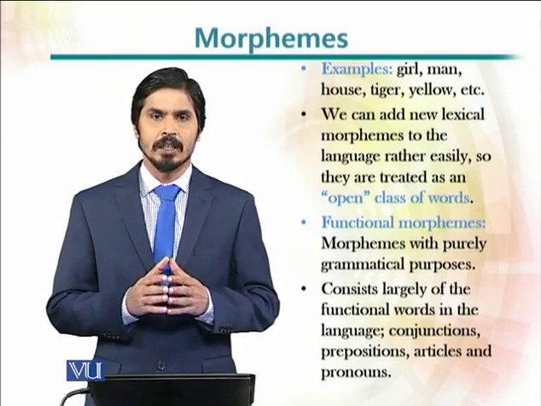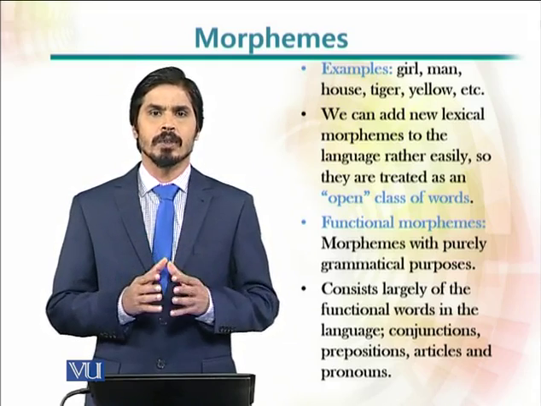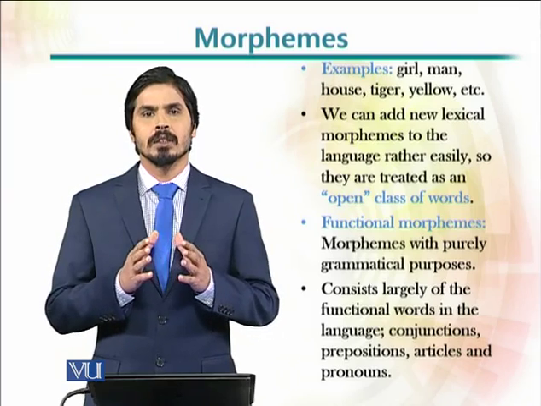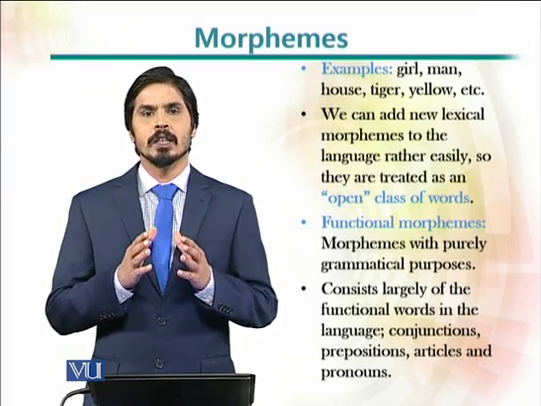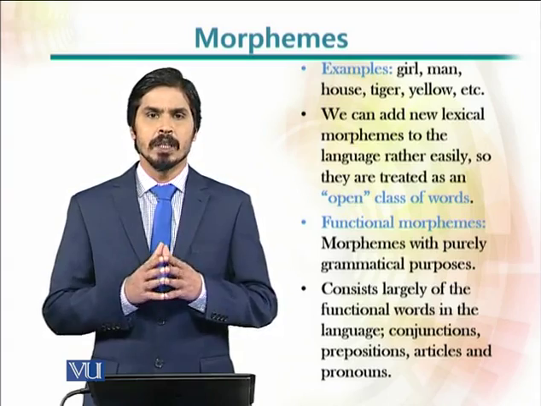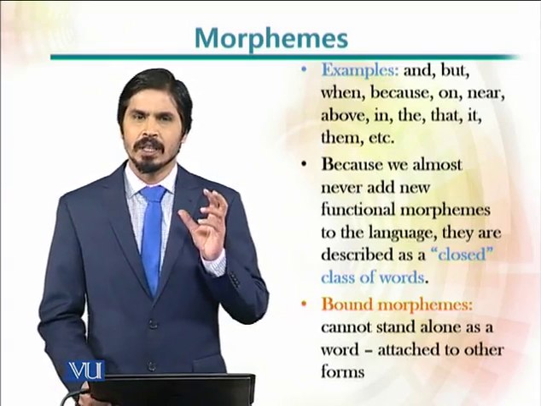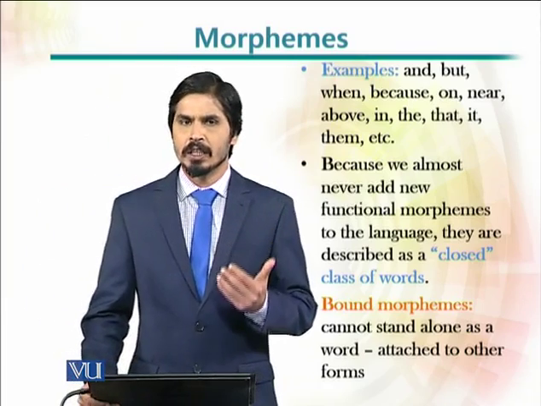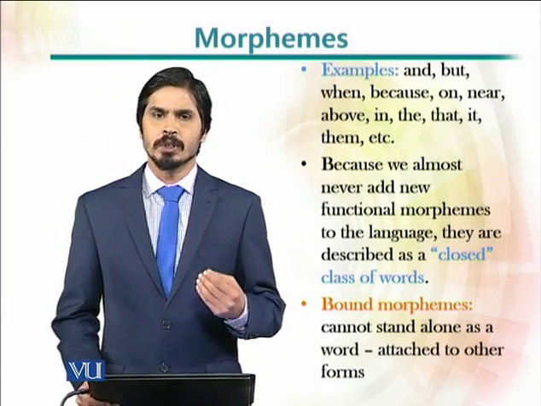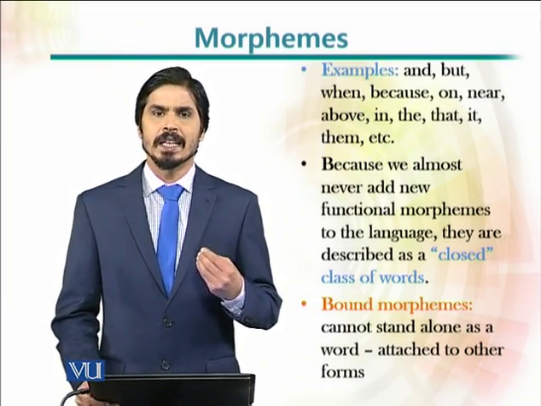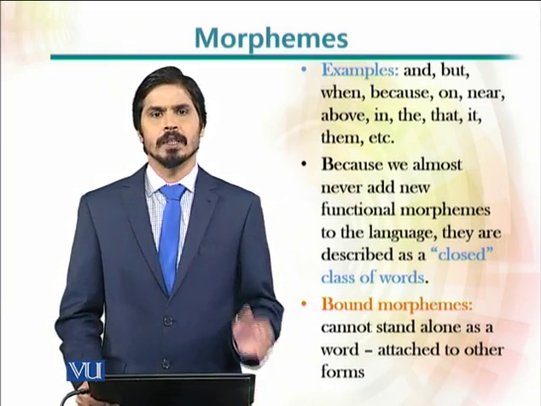However, to understand it as a free morpheme, we could say that they convey a certain grammatical function, and they do have their independent meaning. For example, the words and, on, we do have their understanding in our minds, and we associate certain meanings with them even when we listen to them independently or separately.